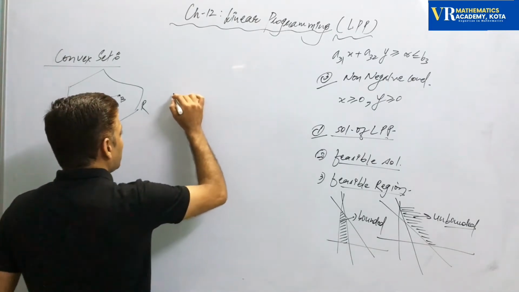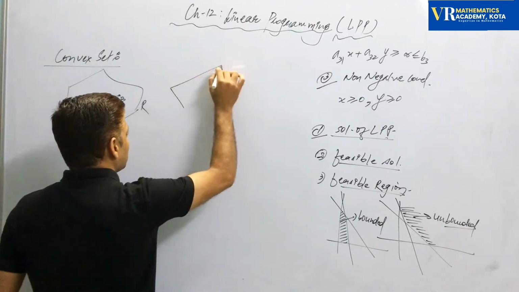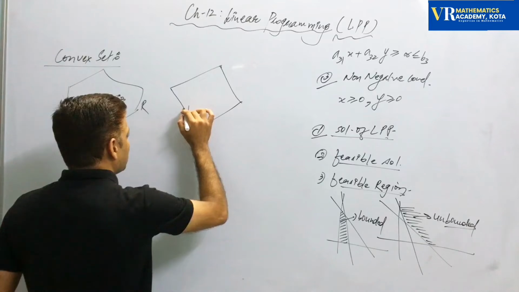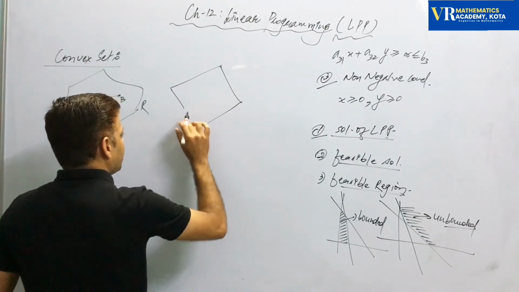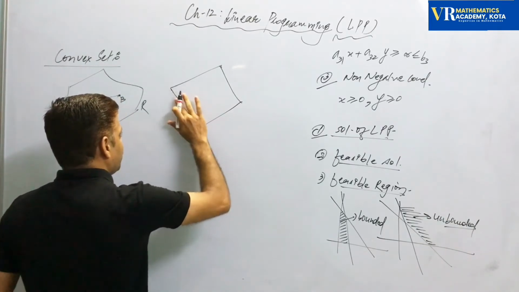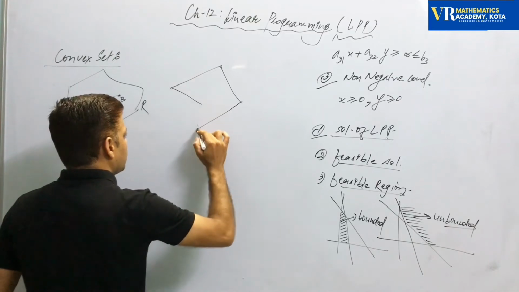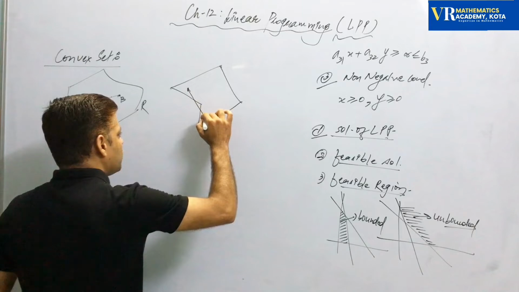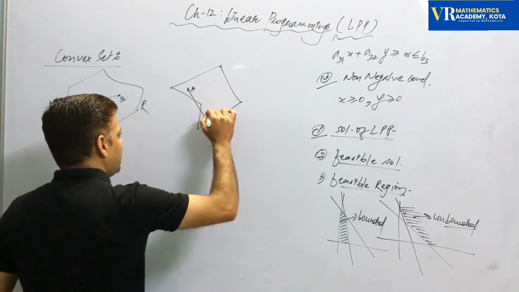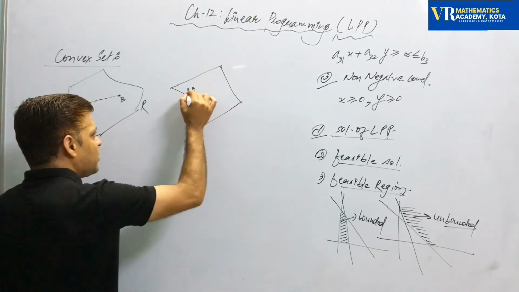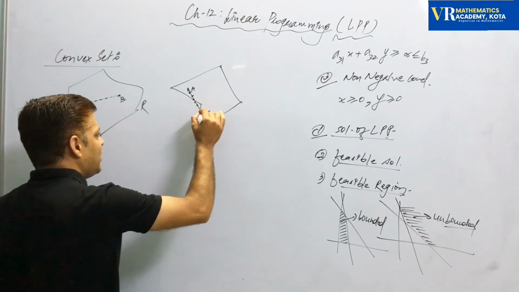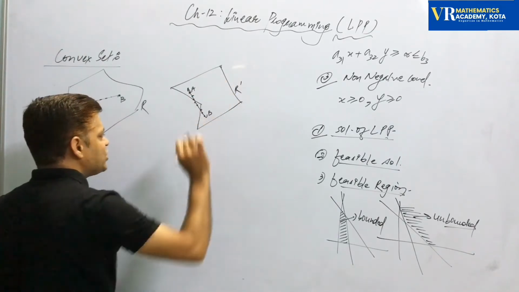But sometimes we have a set like this. For example, we are given a set like that, and if we draw the line segment AB here, not every point on that line lies in the region R dash.